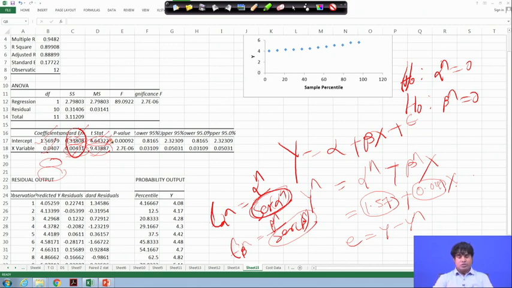Since probability is between 0 and 1, the significance levels move from 0 to 1 only. So the fourth column gives the p values, where the alpha coefficient is statistically significant and the beta coefficient is also statistically significant, and that too at the 1% level, the highest level.